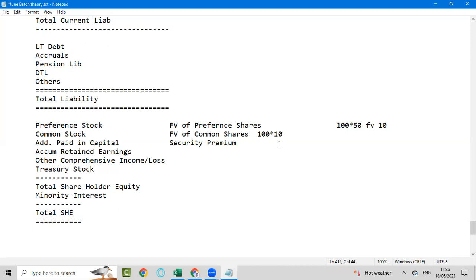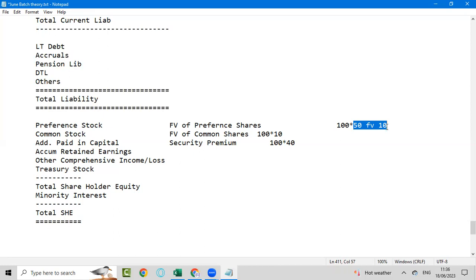And what will be additional paid capital? That will be 100 into 40. Because the issue price is 50 and total number of shares are 100. Face value of one share is 10. So security premium is 40.